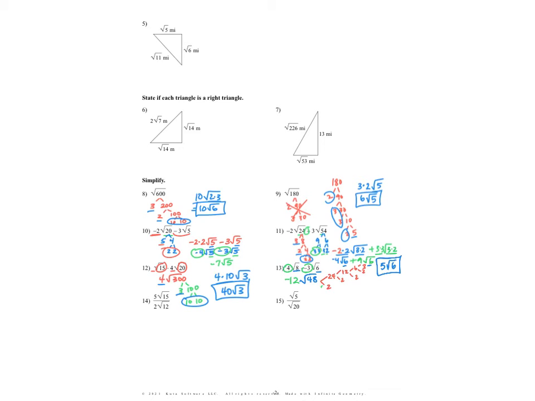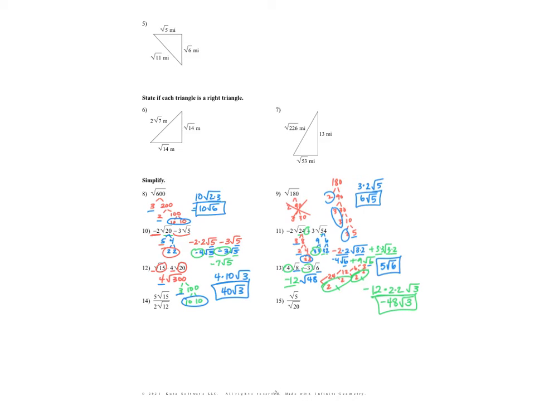Okay, so I'm going to circle my pairs. I got a pair of 2's here and a pair of 2's here. We already had negative 12 on the outside, so that's negative 12 times one of your 2's times another 2, and then 3 is alone, so it's got to stay home. Okay? So we're multiplying. Negative 12 times 2 is negative 24 times 2 is negative 48 root 3.